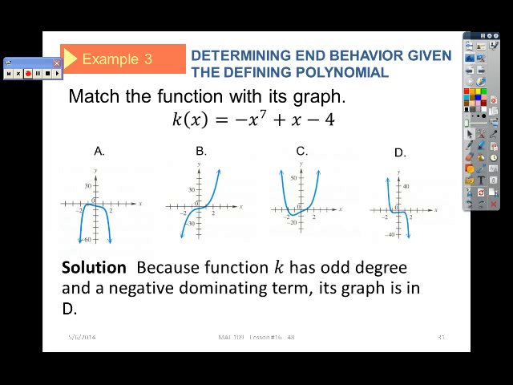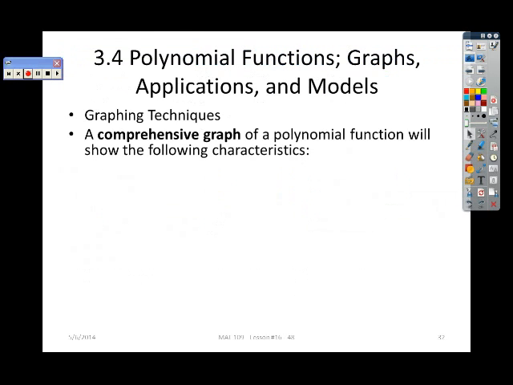But if you combine end behavior and y-intercept, you also might have to combine x-intercepts. In other words, you'd have to find some zeros for that function, which would require calculation. Okay, so the other thing would be the turning points.